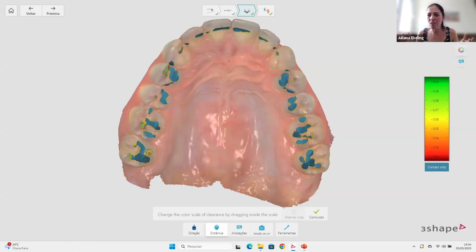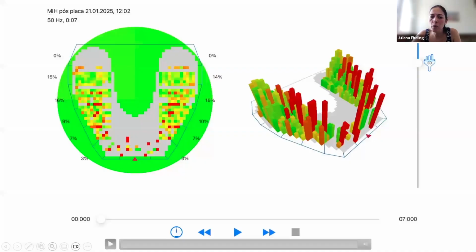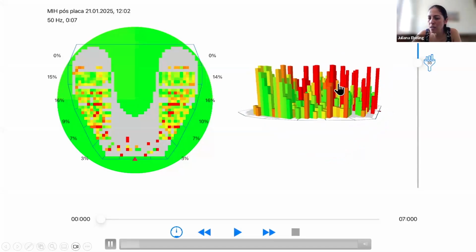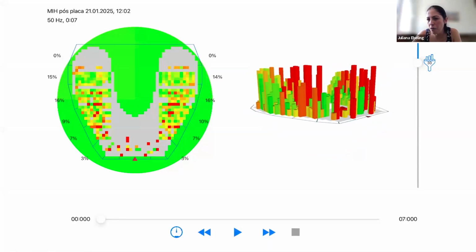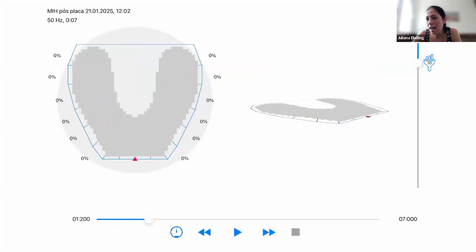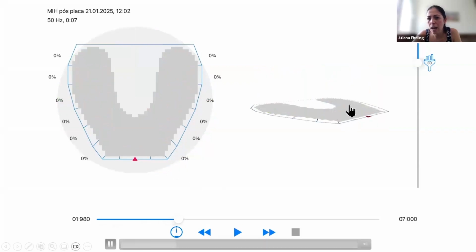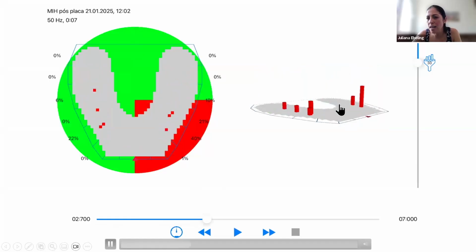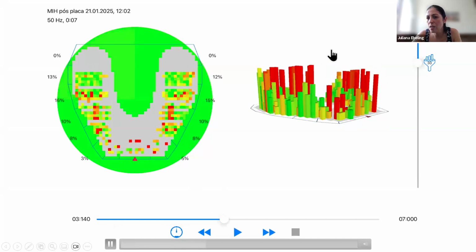I have no first contact here, but when we analyze OccluSense, we can understand how these contacts are reached. This is very, very helpful in some situations. Let's see. Look, I have the contacts happening at different times. Look, until they reach this pattern.